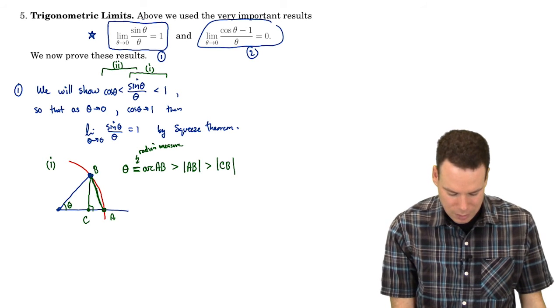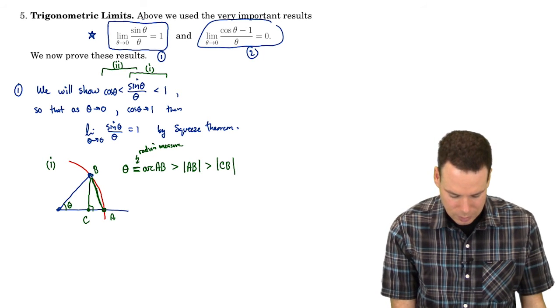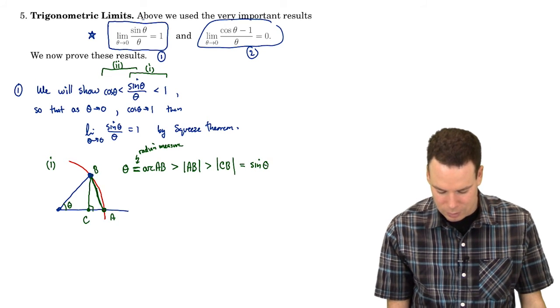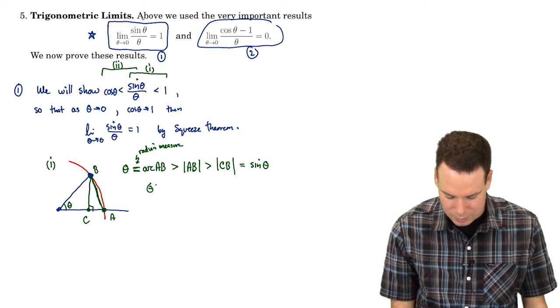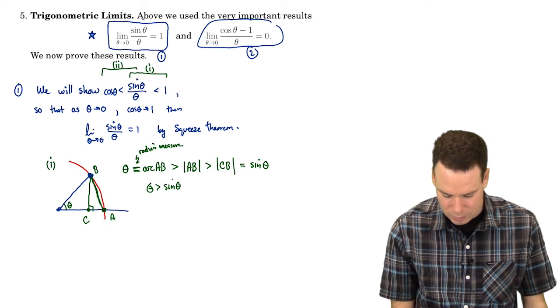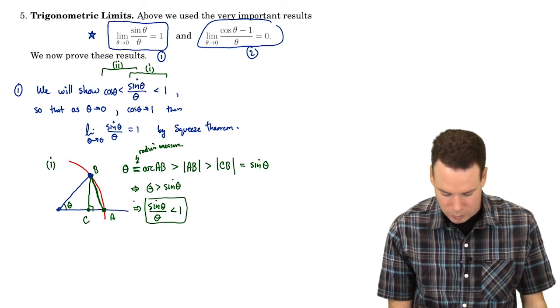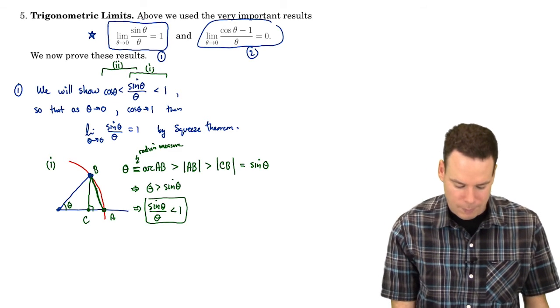Oh, but what is CB? CB is the height of that point, which is its y-coordinate, sine of theta. So what we have is that theta is bigger than sine of theta, or in other words, sine theta over theta is smaller than 1. And so we've verified our first inequality.